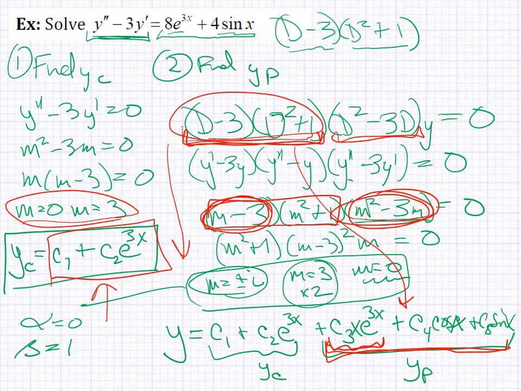All right. So now that you have y sub p, in order for this to actually be y sub p, we need to solve for c3, c4, and c5. And once we solve for c3, c4, and c5, then we can fully create our solution to this non-homogeneous equation.